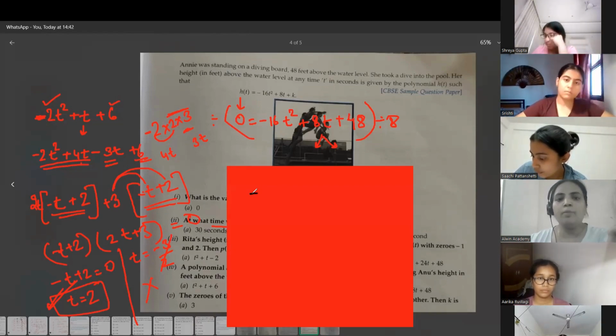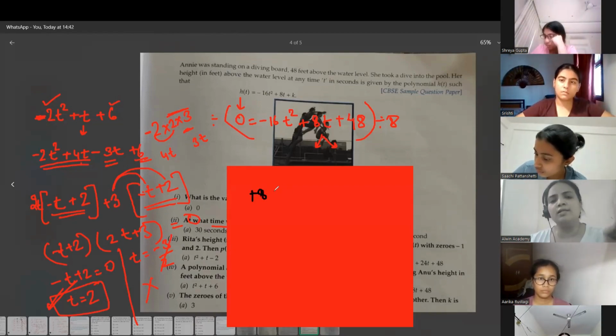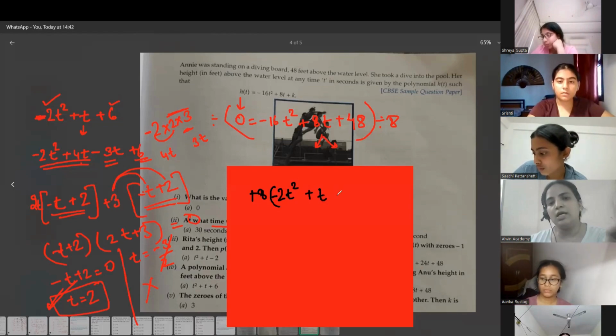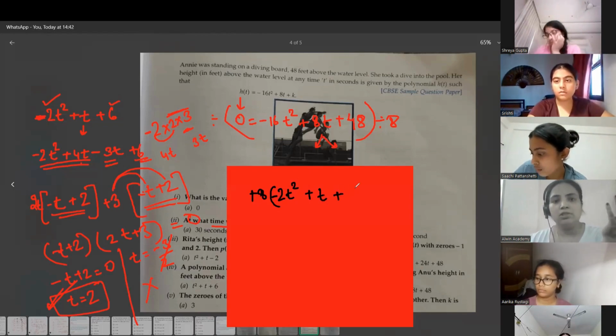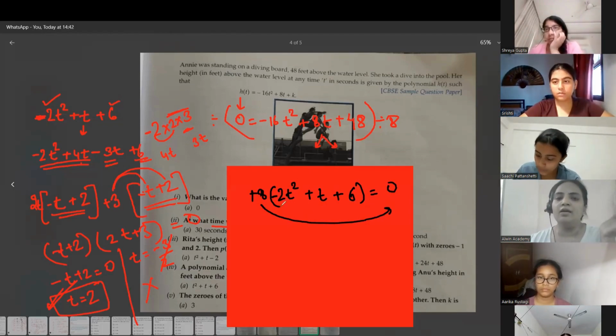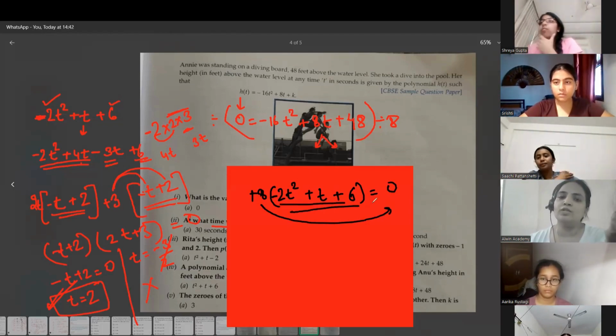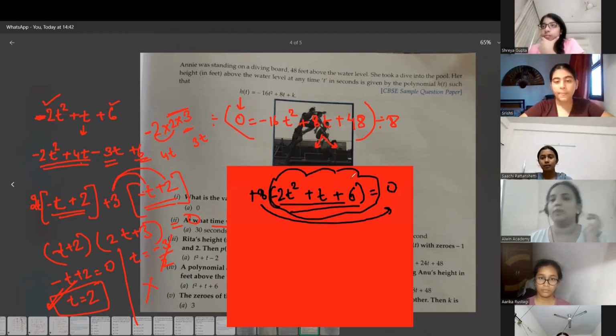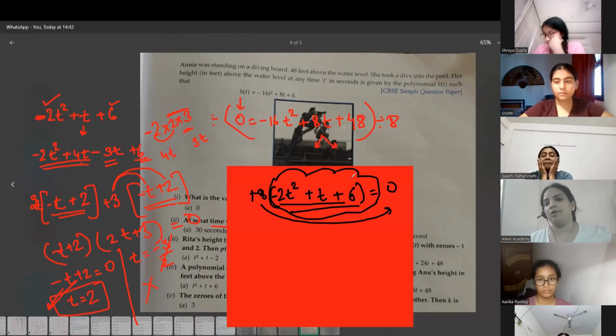Positive 8 I took common, but you could also have taken minus 8 common. So that is negative 2t square, then plus t, then plus 6. And this is equal to 0. This 8 went there. So the rest is equal to 0 again. So this is the equation that you are solving. Understood everyone or not?